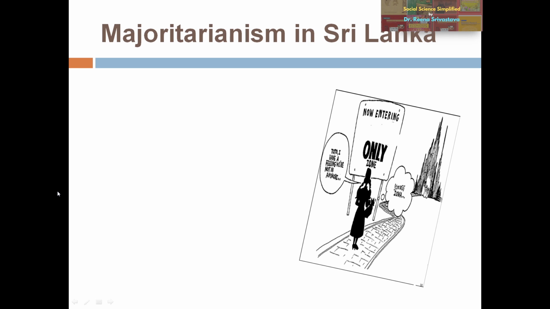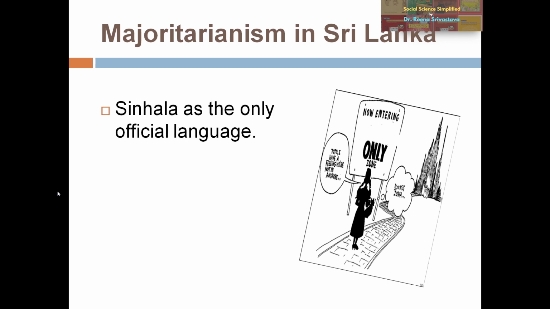So the Sinhalas started majoritarian policy, which we can explain in 3 points. Number one, in 1956, they made an amendment in the constitution, and they said that Sinhala will be the only official language of the country, disregarding the Tamil language.